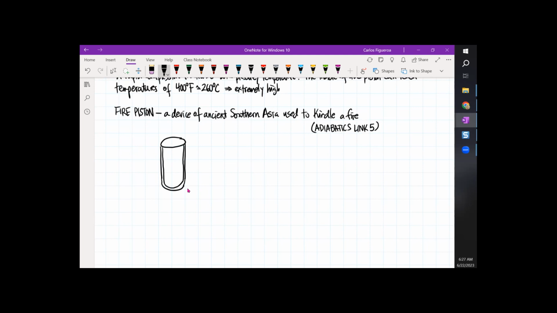And then I have my plunger or my piston head, and it moves within that container right there. The piston head comes through, and up here you have the plunger, the handle.